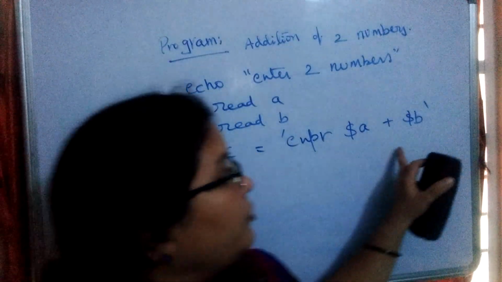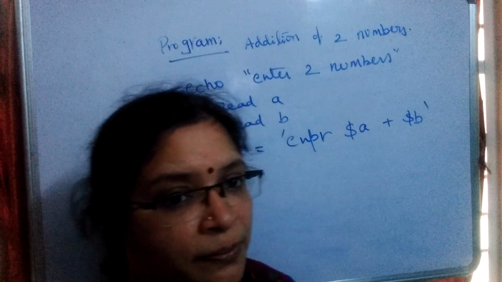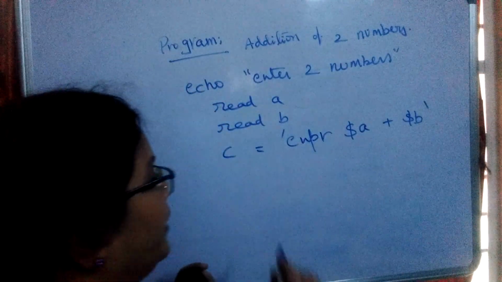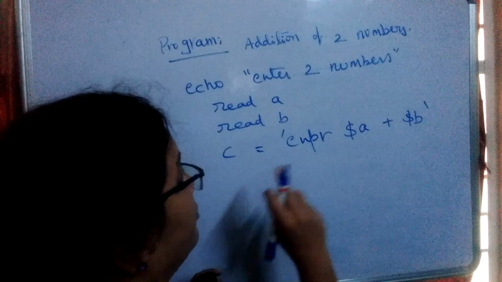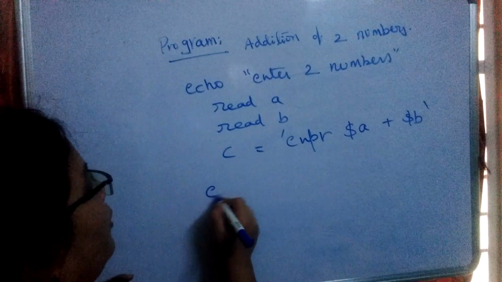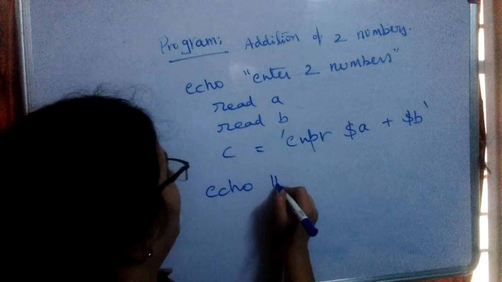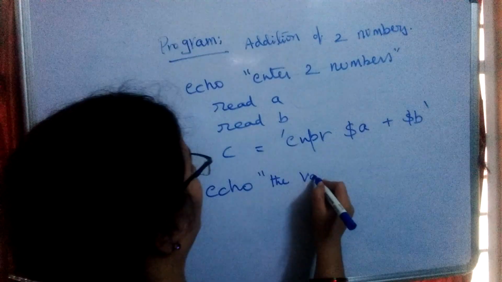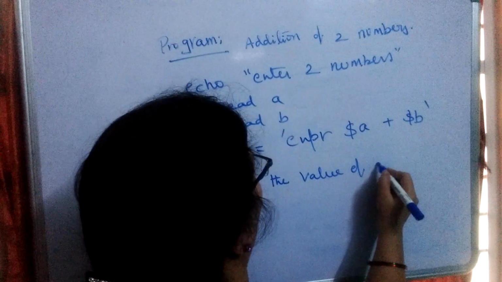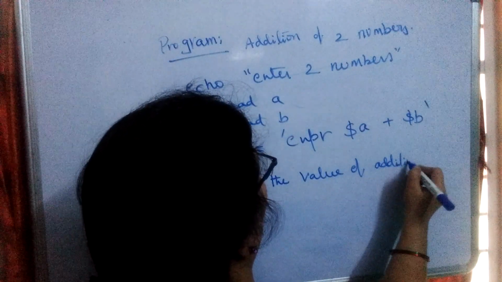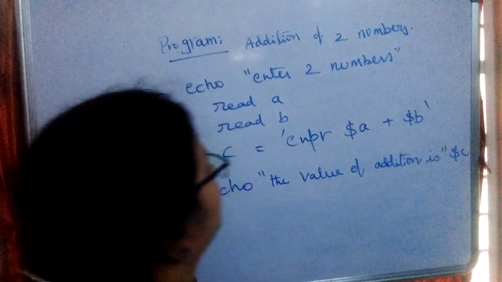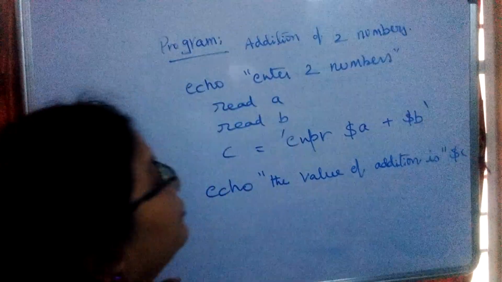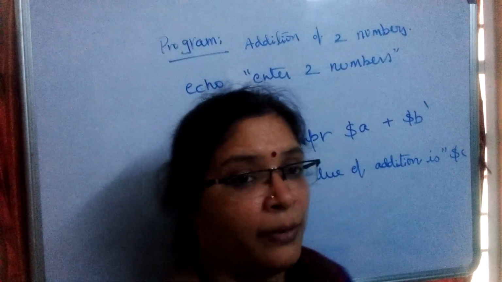To open, which symbol is used, to close the same symbol you have to use, and it will be stored in the variable called C. Now you have to output: echo the value of addition is $C. Now the value of $C will be displayed.